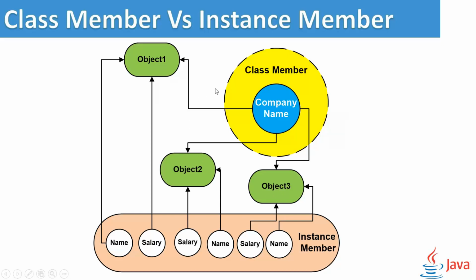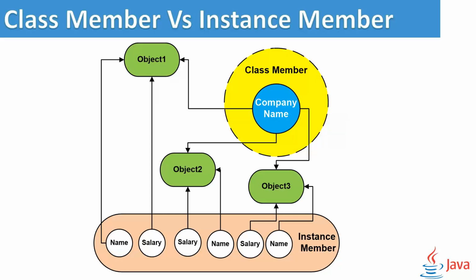But on the other hand, if we change the company name, we can see all the objects are pointing to this company name. Then the changed company name will impact all the objects. So the company name is common for all the objects. That is why in this case we can create the company name attribute as static.